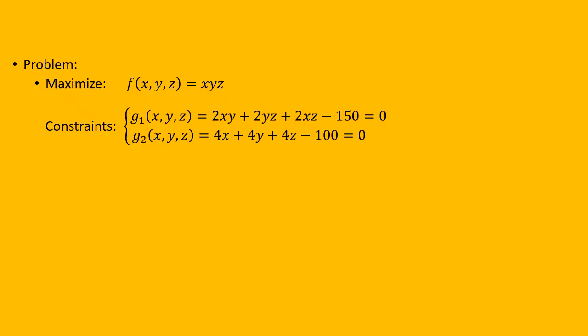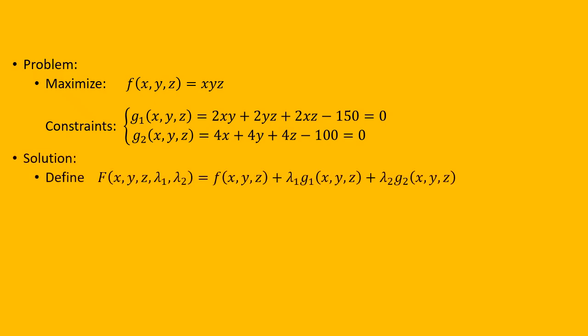Now, here we know what g1 and g2 and f are, so we can define our function, which we called capital F, the following way. It's going to be little f plus lambda sub 1 g1, plus lambda sub 2 g2. And we know what f is, what g sub 1 is, and what g sub 2 of x, y, z is.